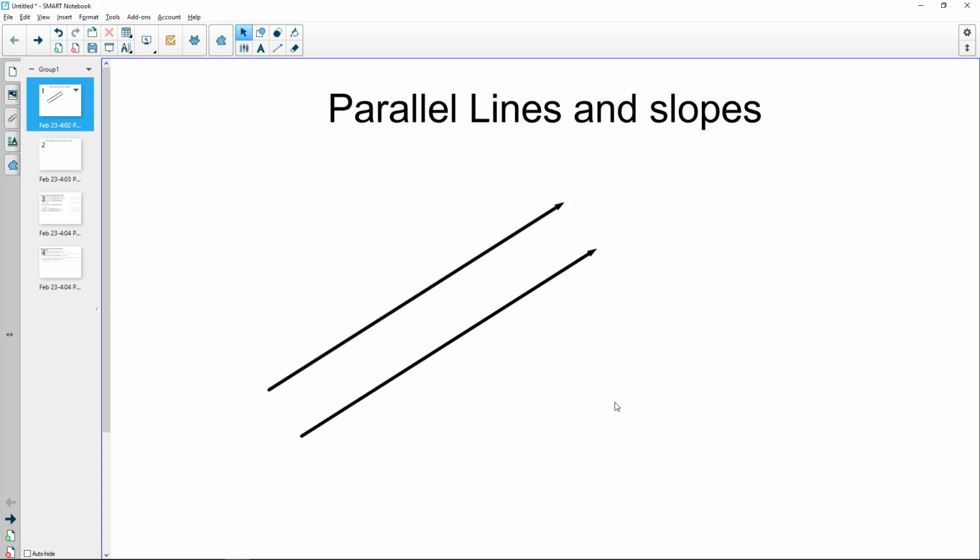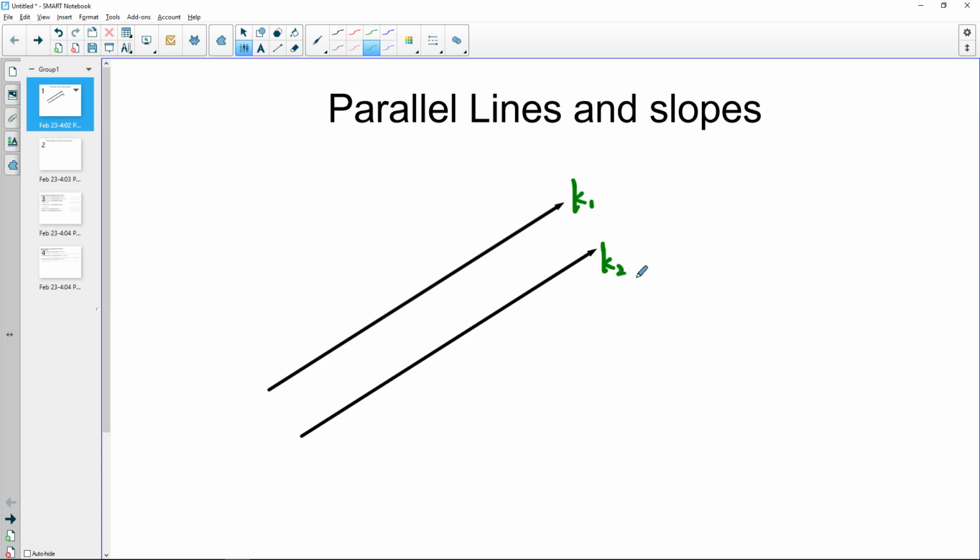Now, the other very important aspect in this chapter that we've mentioned is if two lines are parallel like this, then their slopes, let's say this is the first line, let's call it K1, this is called K2. So the first line is K1, the second line is K2.